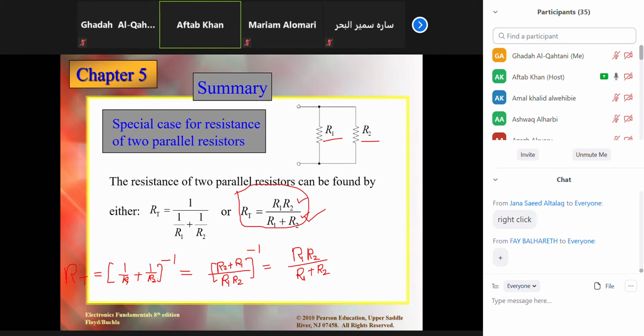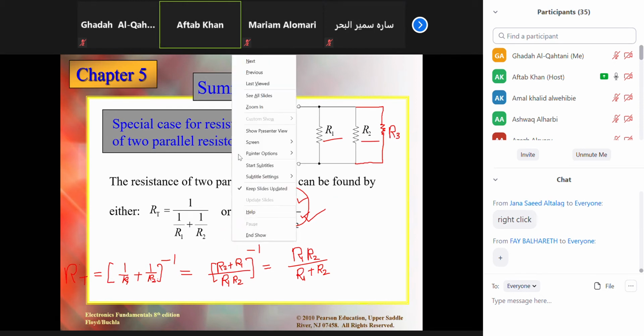But for example, if you have one more resistance connected here. Let's suppose we have one more resistance which is connected here. So this is R3. So you can also find the same for that one. But how can we do this one?